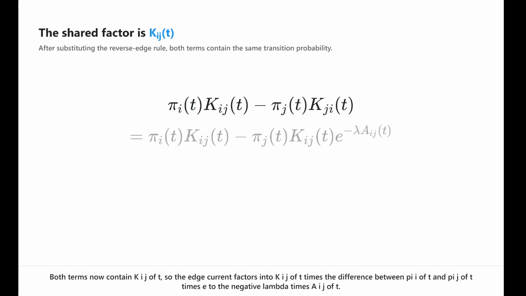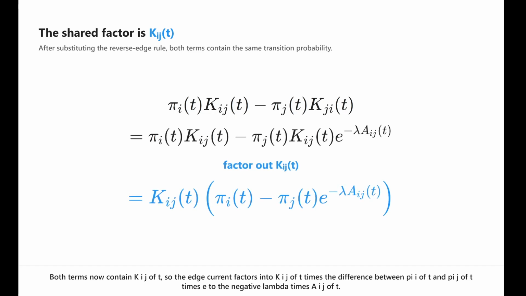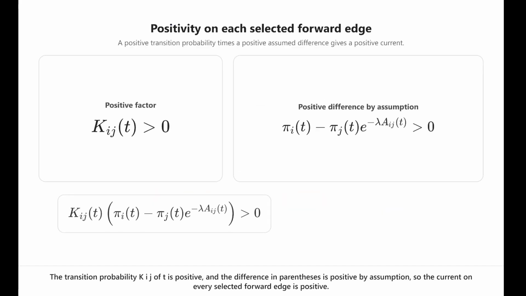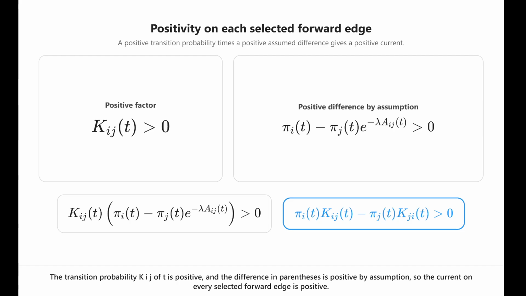Both terms now contain k_ij of t, so the edge current factors into k_ij of t times the difference between pi i of t and pi j of t times e to the negative lambda times a_ij of t. The transition probability, k_ij of t, is positive, and the difference in parentheses is positive by assumption, so the current on every selected forward edge is positive.